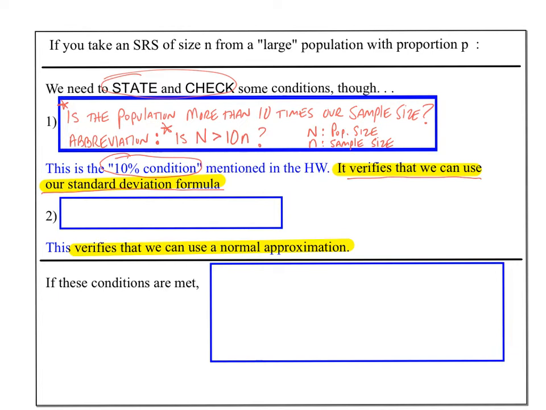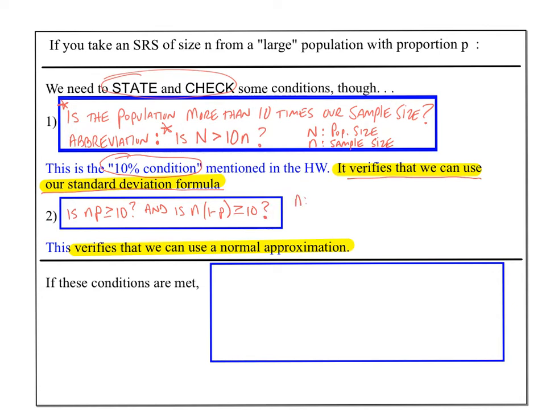The second condition is what I showed you a few pages ago when I showed you how a binomial distribution becomes a normal distribution. Here's our second condition we have to check. Is our sample size times our population proportion greater than or equal to 10? And is n times 1 minus p also greater than or equal to 10?